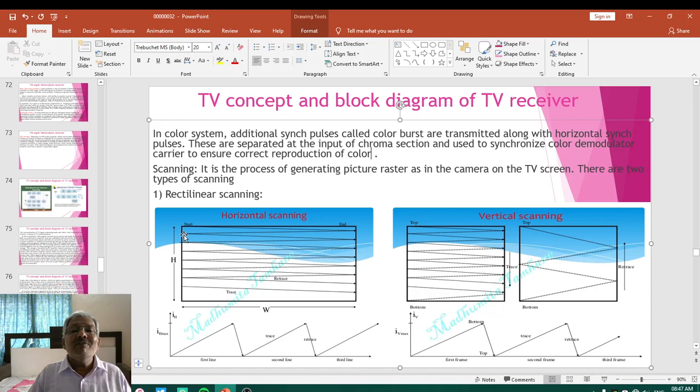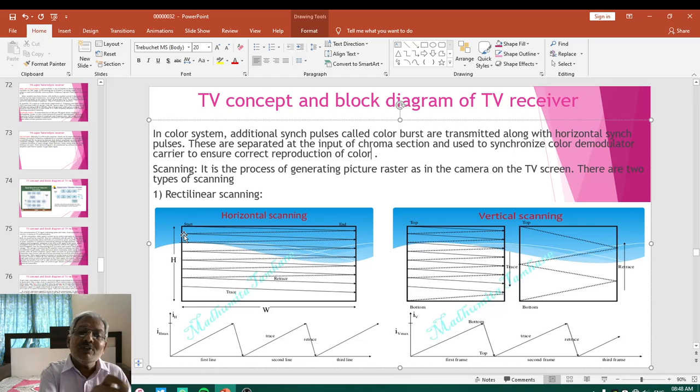Try to remember, when the electron beam moves from left to right, it carries the picture information, so that's why it moves with slow speed. But when it reaches the right, it returns to the left. While returning from right to left, it doesn't contain any picture information, so it should be moved at a fast rate.